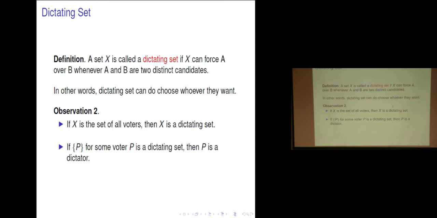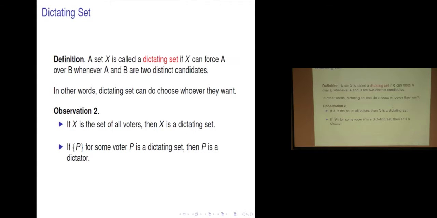So being a dictating set means only the people inside the set matter. The outside doesn't matter. So if inside the set there is only one person, that person is a dictator. Obvious, it's not hard, at least. So you are with me, right?